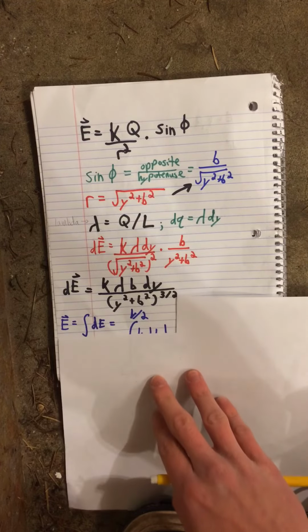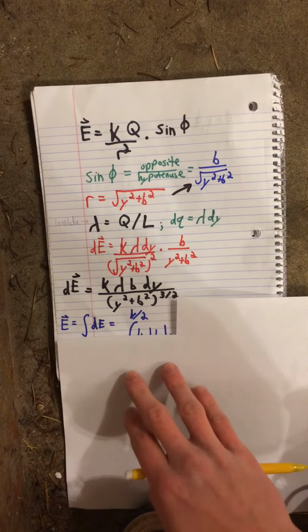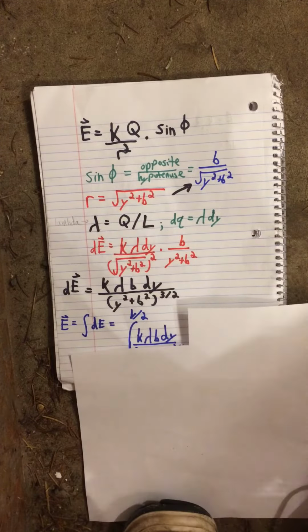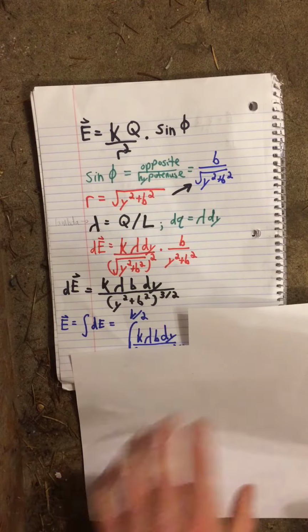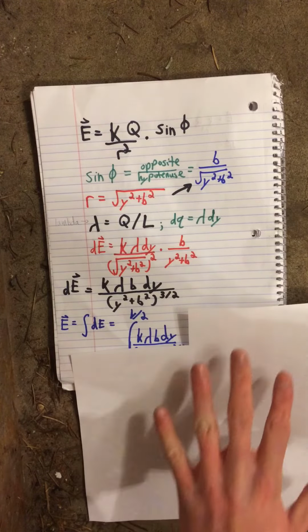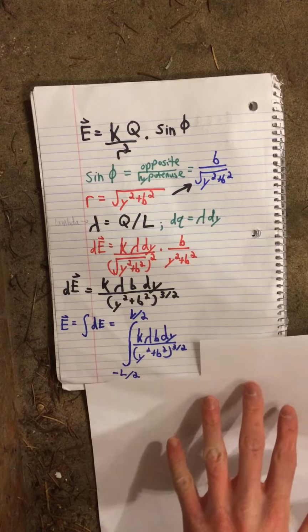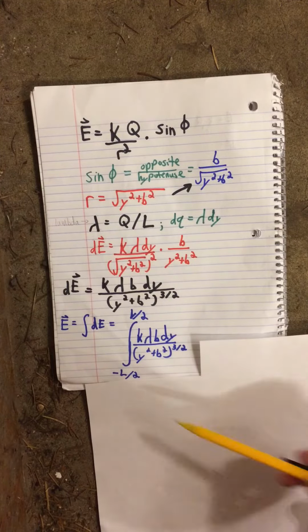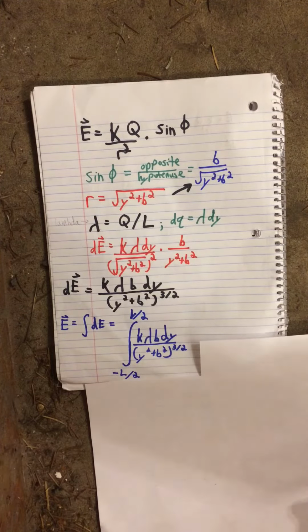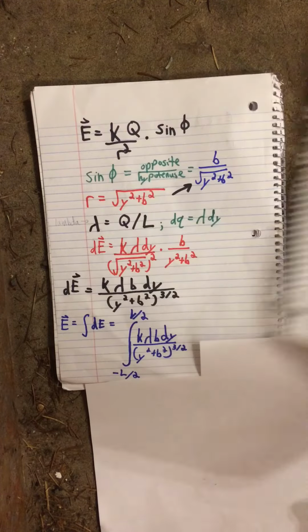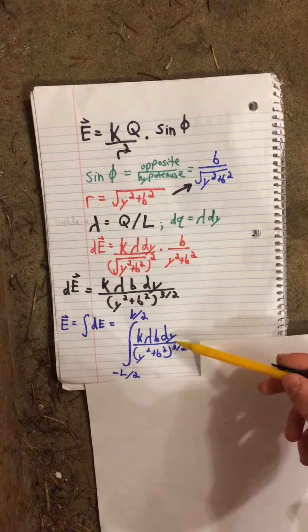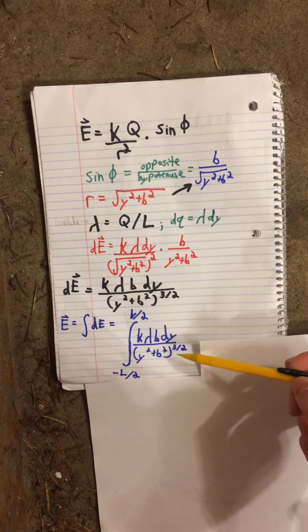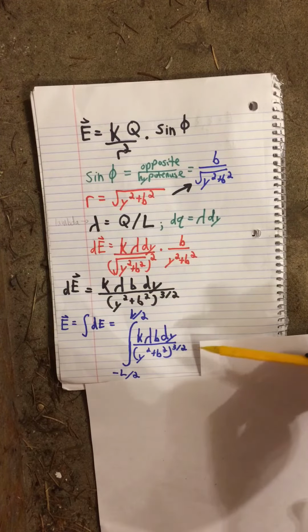We know that the electric field is the integral of its derivative, and we can write that as this. So we're going to integrate from negative L over 2 to L over 2, which makes sense because the total length is L. Alright, so right off the bat, this is not an obvious integral.